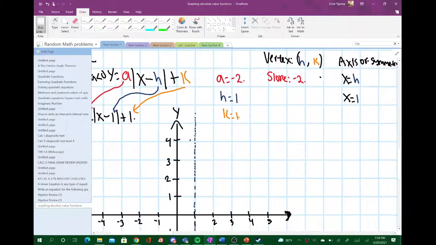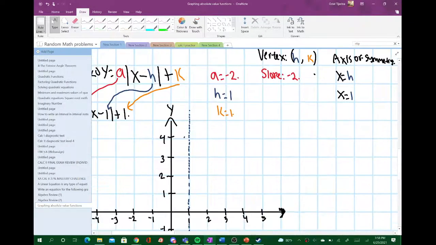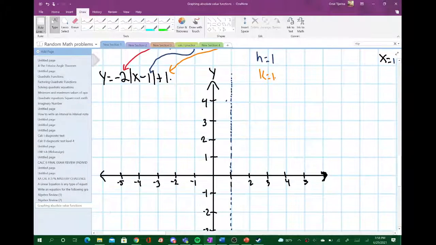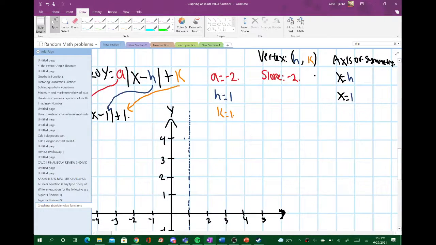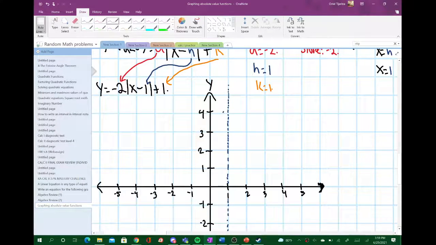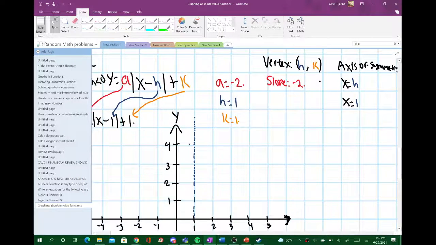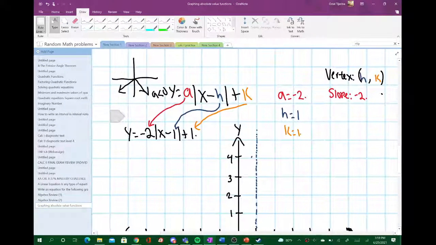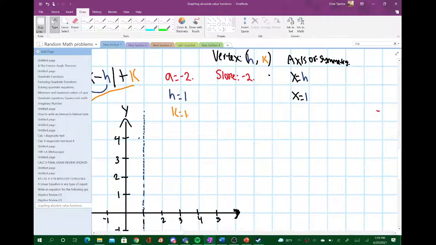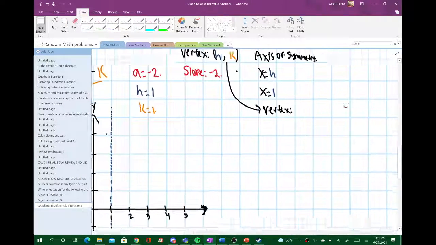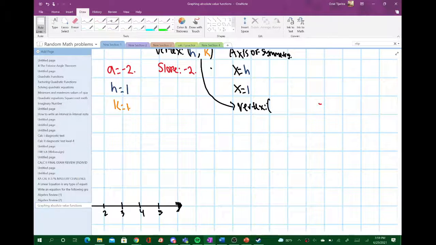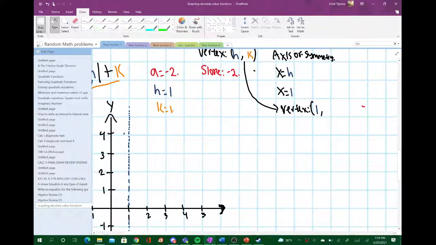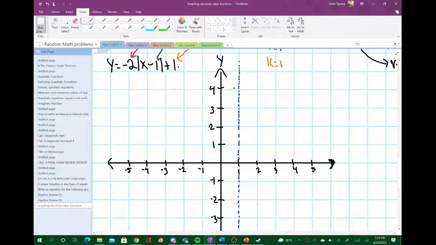The vertex is at x equals 1, and because k is equal to 1, our vertex, again, is (h, k), so it's going to be (1, 1). So your vertex is going to be right here.